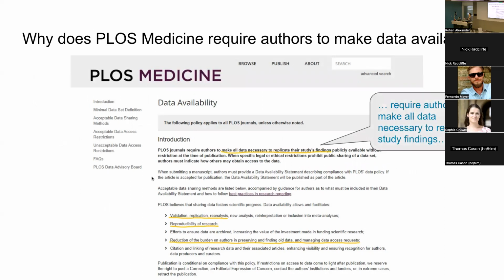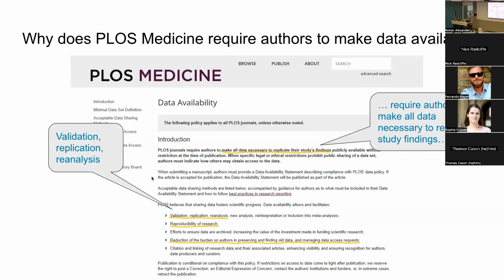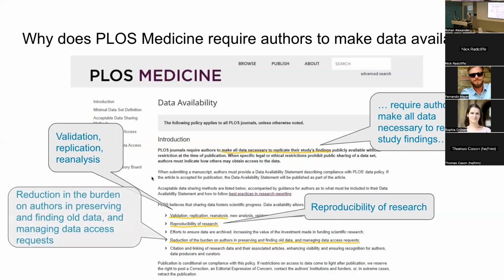They require all authors to make all data necessary to replicate study findings because they believe that data availability facilitates validation, replication, reanalysis, and reproducibility of research, and also reduces the burden of authors in preserving and finding old data and managing data access requests.